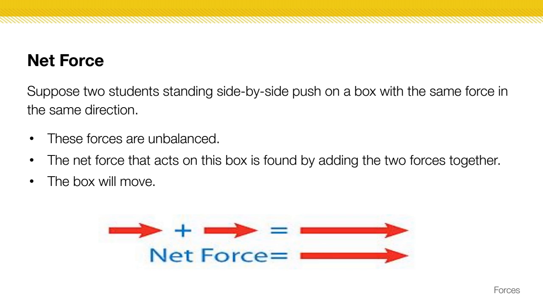Then that force pushing it is greater than the force going against it. That means that the net force is going towards the right in this example, right? Causing some motion. That is an unbalanced force. When the force in one direction is greater than the force in another direction, it's unbalanced.